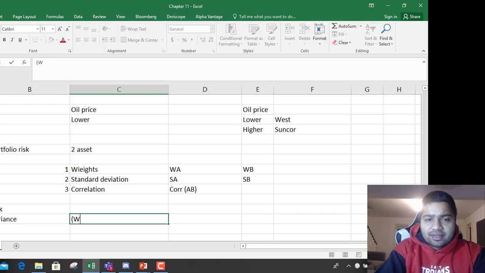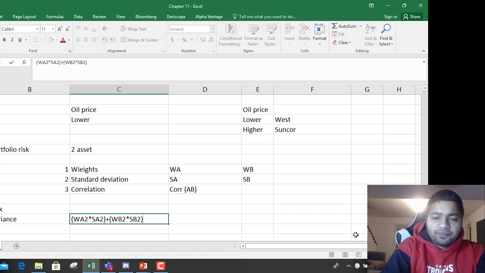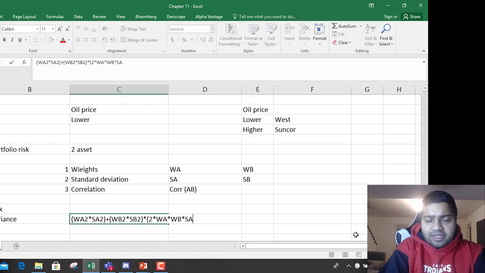The variance is calculated as weight of asset A squared into standard deviation A squared, plus weight of asset B squared into standard deviation B squared, plus 2 times weight of asset A, weight of asset B, standard deviation A, standard deviation B into correlation AB.